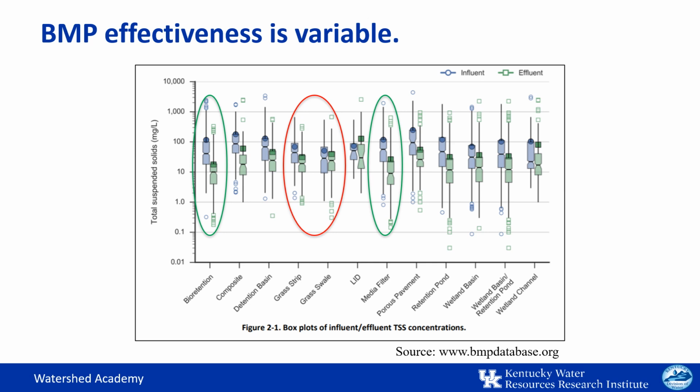You can see that there's a lot of variation in the change of concentrations among the same type of BMP within the individual whisker plot, as well as among the different BMPs. In general, it seems that bioretention and media filters, circled in green, show bigger reductions in TSS than the grass strips or swales, circled in red.